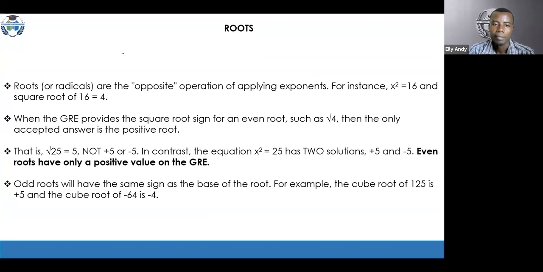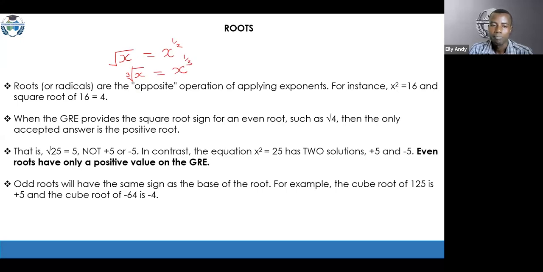When you have the square root of x, you are basically saying that you are raising x to power a half. When you have the cube root of x, you are just saying that you are raising x to power a third. So actually, if you understand exponents or powers, then you are also good with roots.